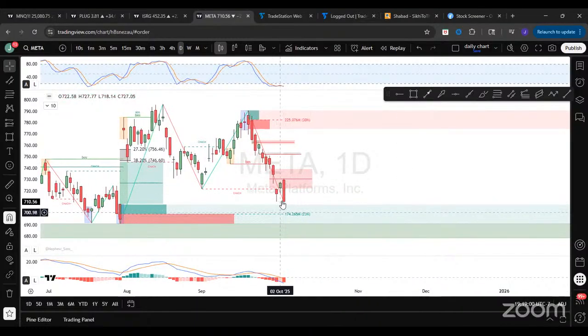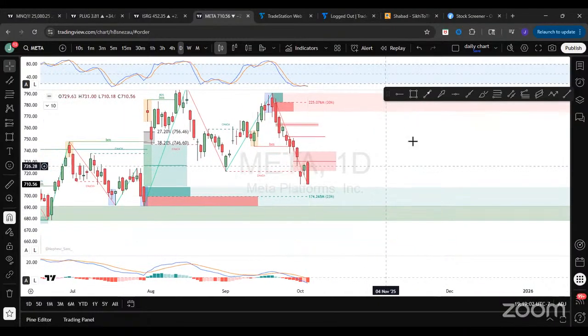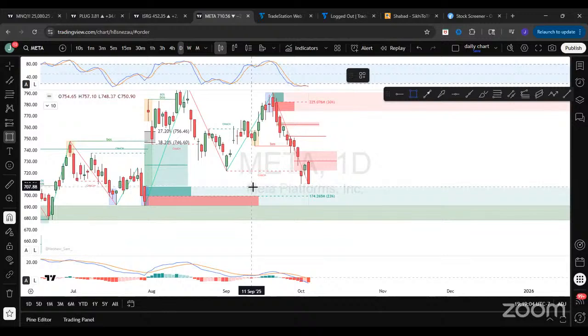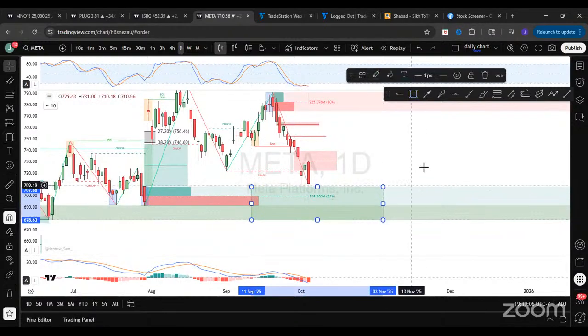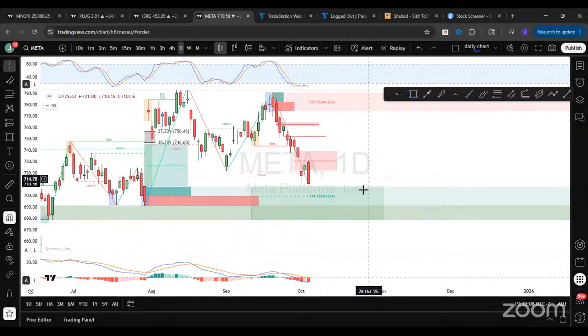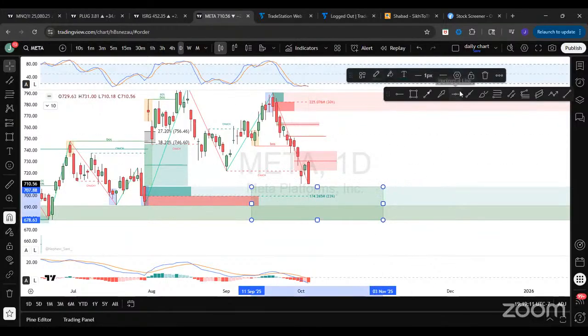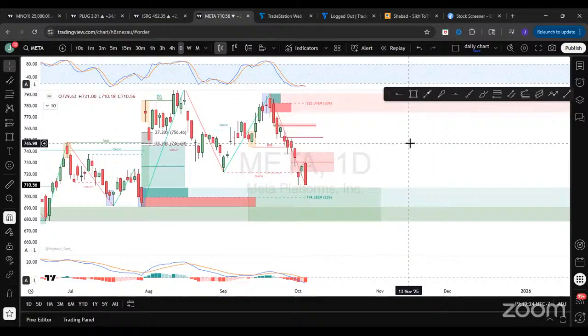Once it enters any of these zones, you wait for confirmation right there. Between 707, I would say about 700. You want a nice bullish candle closing above the previous day high, and you take long from there.